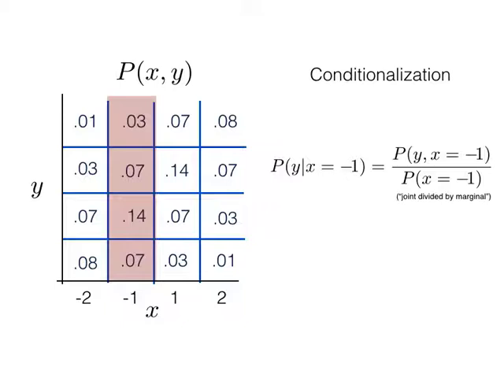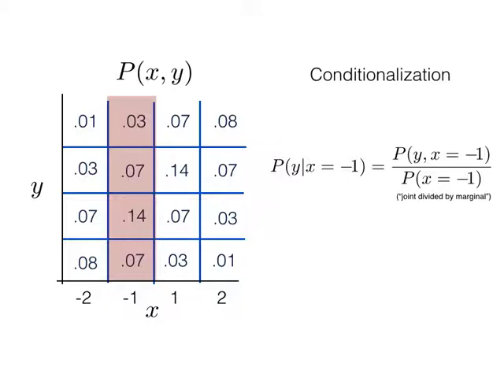I can take that and divide out just what's described by this row, and then I get a total, good to go, viable probability distribution, and that's p of y given x equals -1. So I don't want to get too tripped up on the notation. The thing I have here on the left is a totally viable probability distribution. The thing I have here on the right is just the probability of y, comma, x equals -1. So the probability of y and x giving me -1, not the probability of y given x equals -1. I hope that's not too confusing.